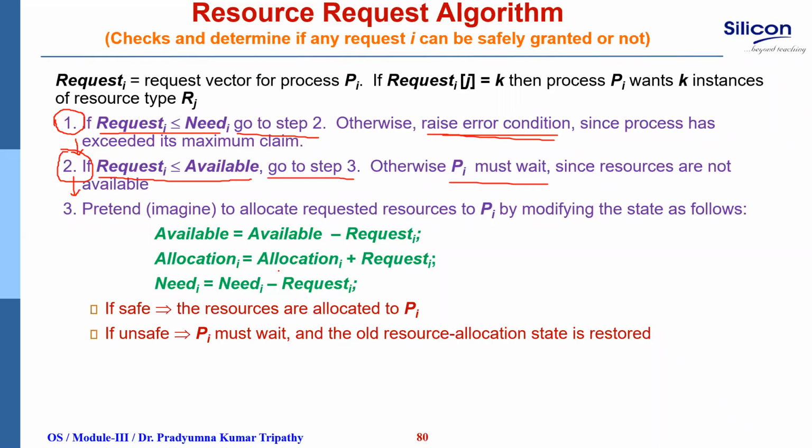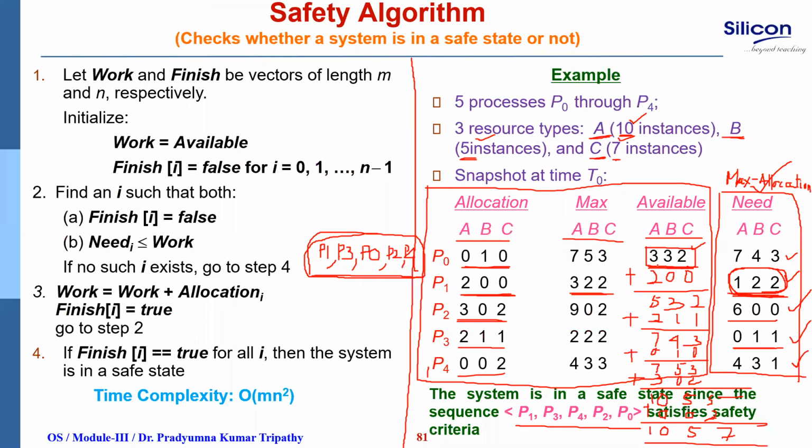That means allocation plus request. Try to understand. We'll assume that the request has been given, so from the available we'll subtract it. Like in this one, we have available 332. It is demanding 122. We'll assume that we have given.